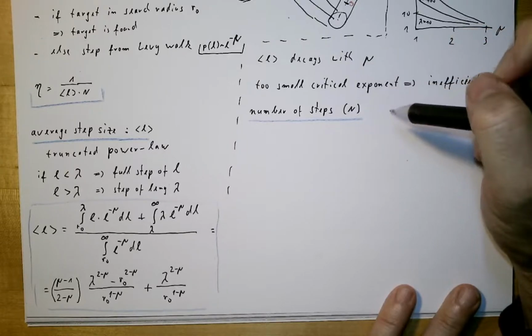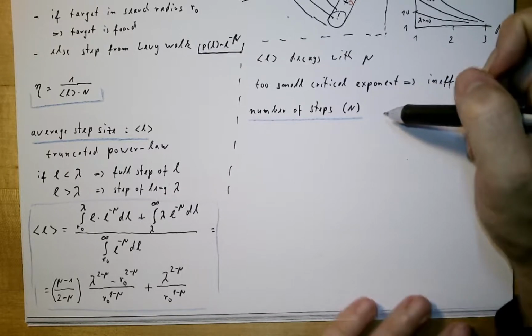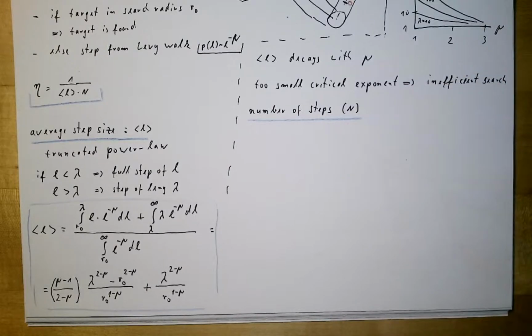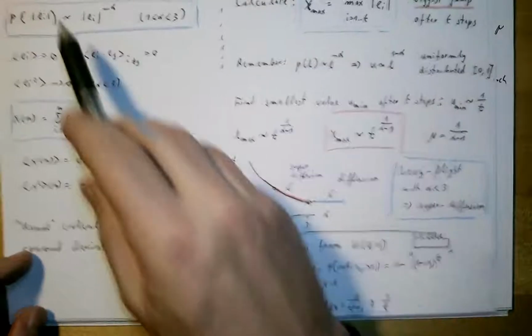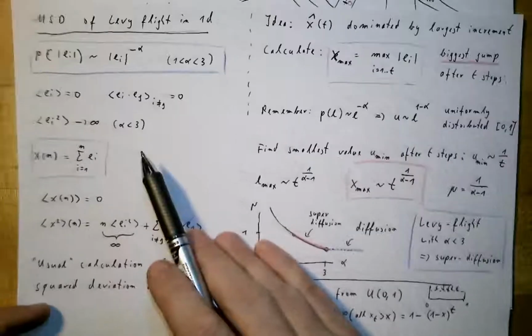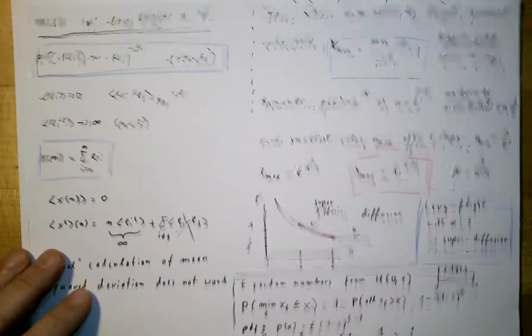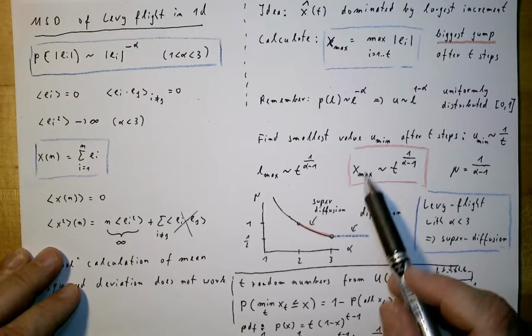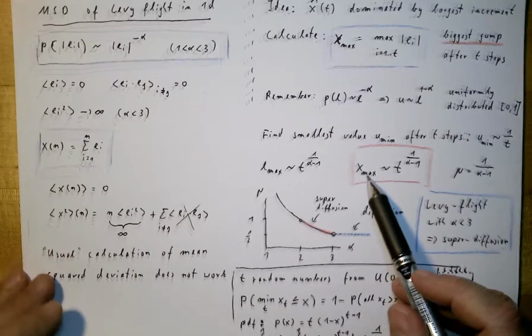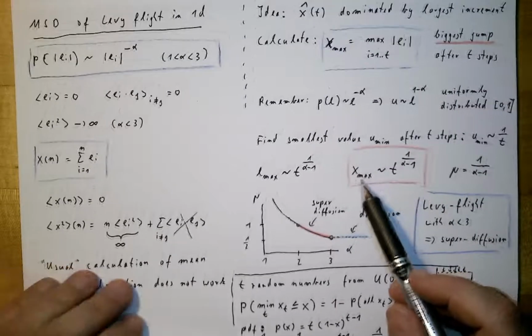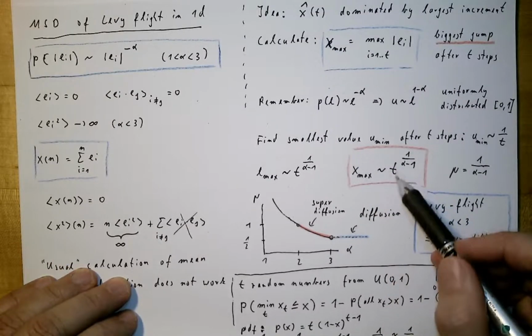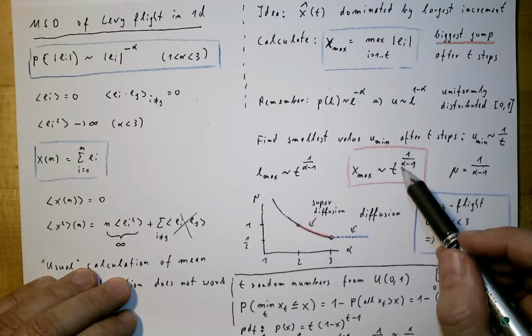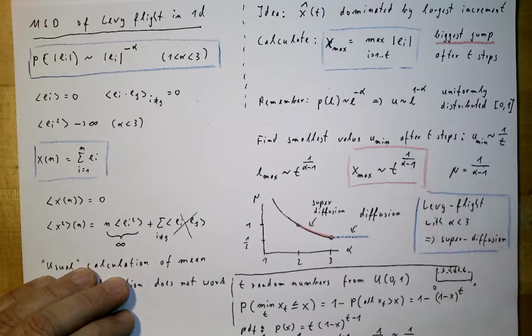a Levy flight. And then remember, we showed this in the previous lecture when we looked at the mean square displacement of Levy flights, and we have seen that the maximal distance of a Levy flight in 1D went with the time to the power 1 over the critical exponent minus 1. Here it was alpha, now it's mu, 1 over alpha minus 1.